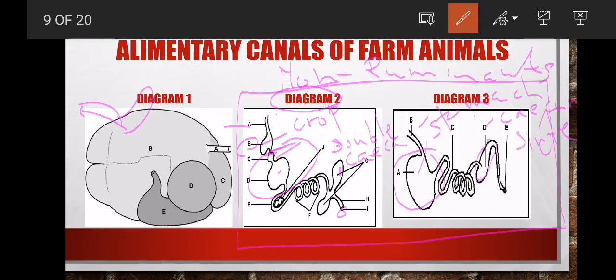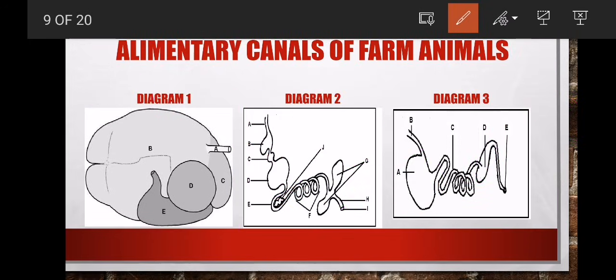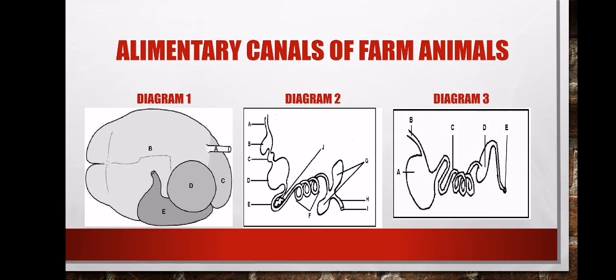But we will come back and look at these structures whereby we try to provide labels for them. Okay, fine, good people. I know that I've taken your time. But what I want you to understand is to be able to classify the farm animals into ruminants and non-ruminants. Be able to provide the reason why this one we say it's a ruminant, why this one we say it's a non-ruminant. Ruminant, complex stomach. Non-ruminant, simple stomach.